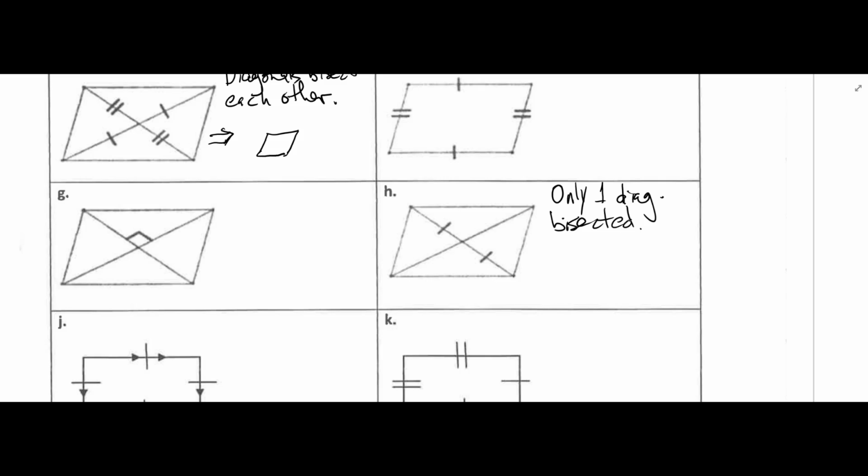It could be, but we're not sure. The only quadrilateral that absolutely could be, where one diagonal is bisected, if you recall, is a kite. Alright, so we're going to have to look at all of our special quadrilaterals to try and figure these out.